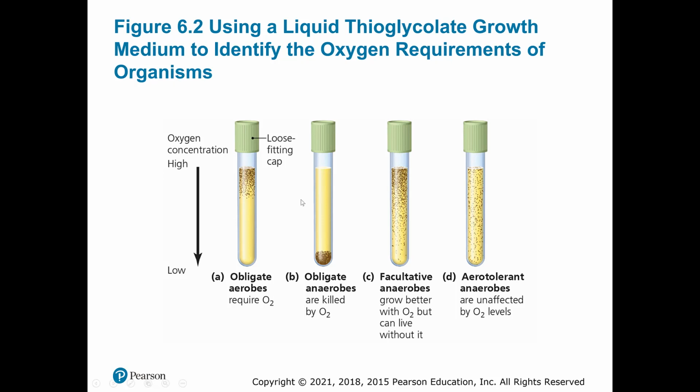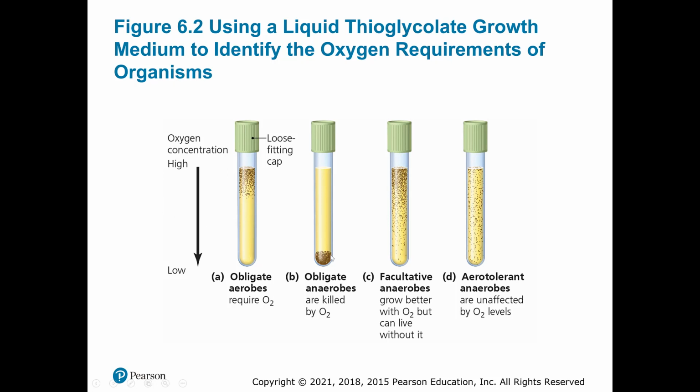In a nutshell, in the broth there's a gradient of oxygen. There's more oxygen at the top of the tube than at the bottom. So obligate aerobes, since they require oxygen to grow, you will only see growing at the top of the tube. What that really looks like in real life is a cloudiness near the top of the broth, and the rest of the broth is clear. You can see through it.